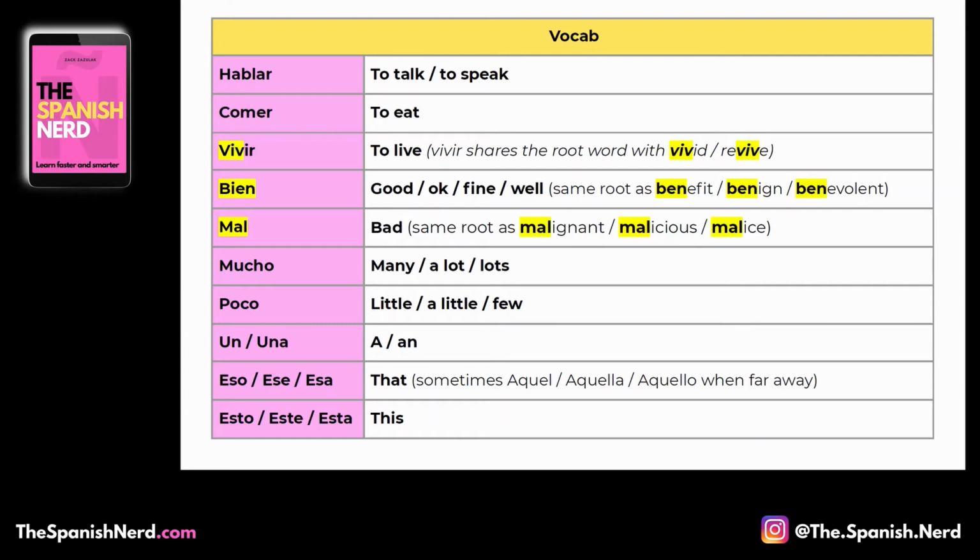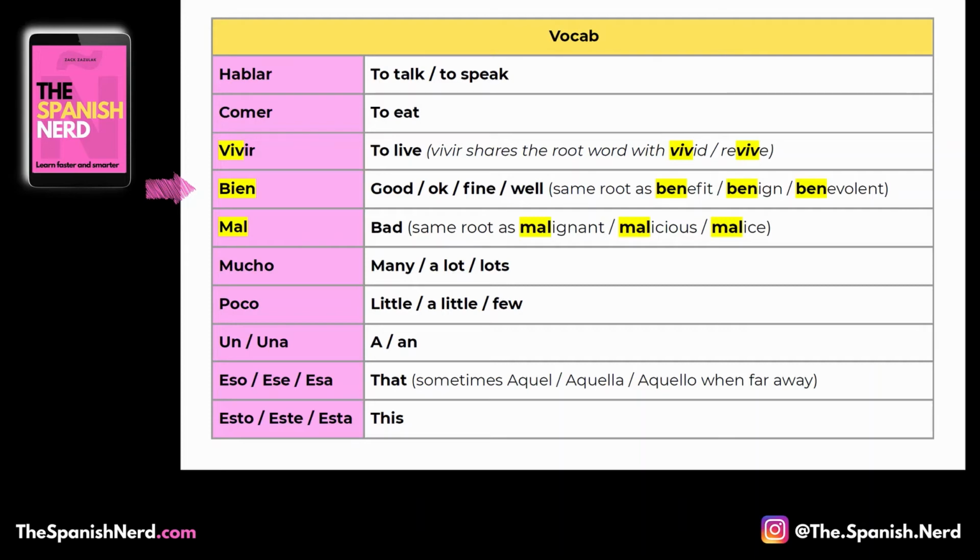A couple things that we want to talk about here. Since this is still the beginning of the book, let's talk about a little bit more of these cognates. The next word, bien. Bien means good or okay or fine or well, something along those lines. You might find some other meanings depending on context, but as a generalization, it's going to have one of those meanings. But notice it has the same root as benefit, benign, benevolent.